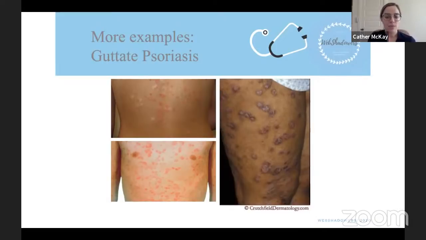Sometimes you can identify a strep infection that has triggered it, and you treat that, and often this can go away. Sometimes they go on to develop true plaque psoriasis and sometimes they don't. So this is just a different type of psoriasis.